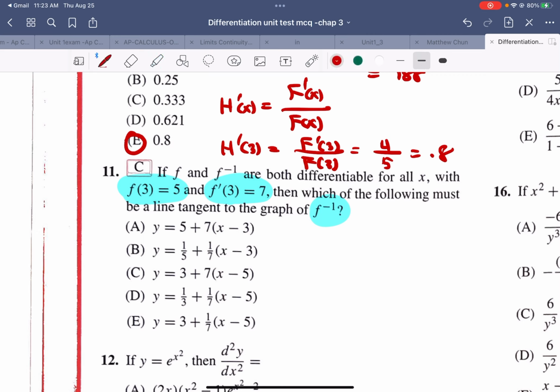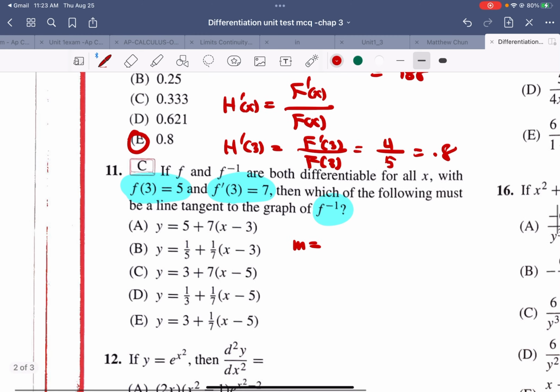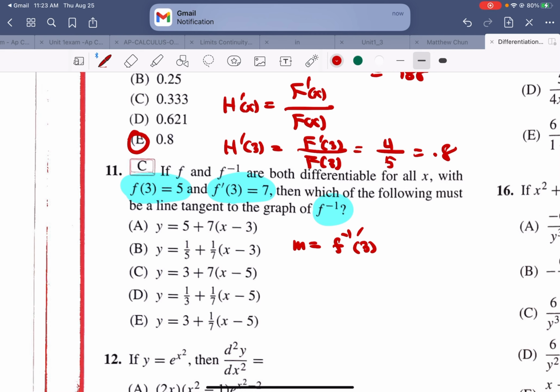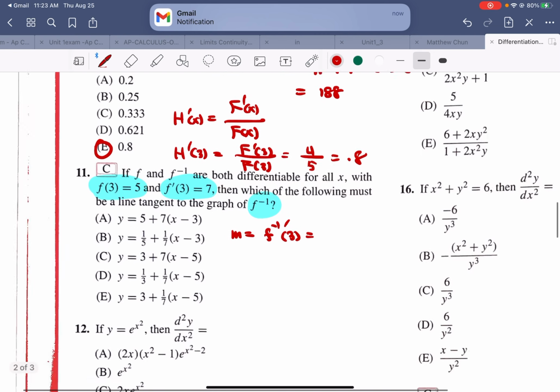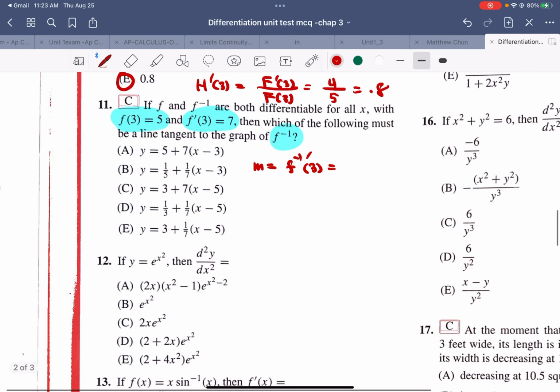To do that, I need to find the slope first. So the slope of the inverse function is the f inverse derivative at 3. If you remember the inverse derivative formula: the derivative of f inverse at x is 1 over f prime of f inverse of x.